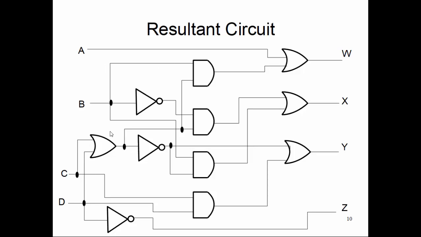Take that and AND it with B, and then the output of that AND, which is B and (C or D), is ORed with A, and that becomes my W. Similarly, we place different logic gates to implement the different outputs of that target circuit, and your circuit becomes like this.